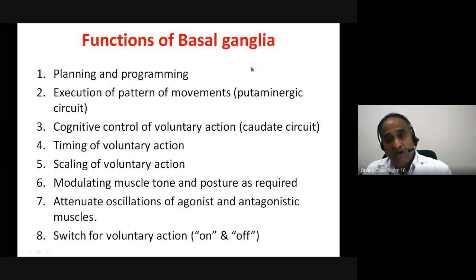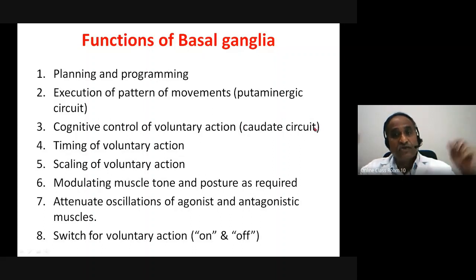That originates from the premotor cortex and the motor cortex, and then comes to the striatum or putamen. Then from the putamen, through direct and indirect circuits, it comes back to the thalamus and back to the motor cortex for action. Then the third function is the cognitive control of motor action. That is the caudate circuit.